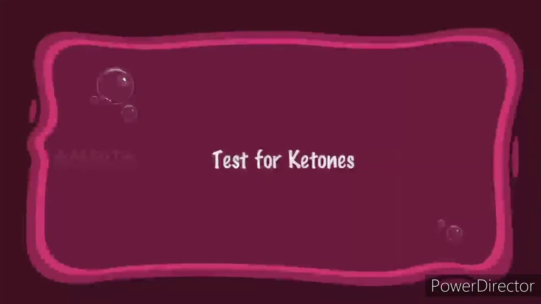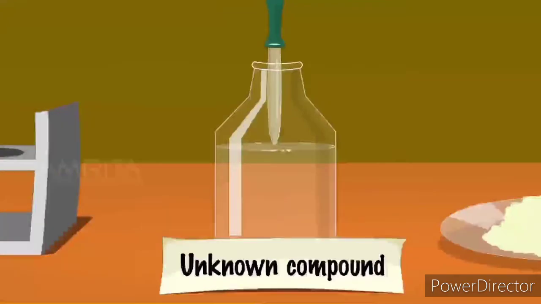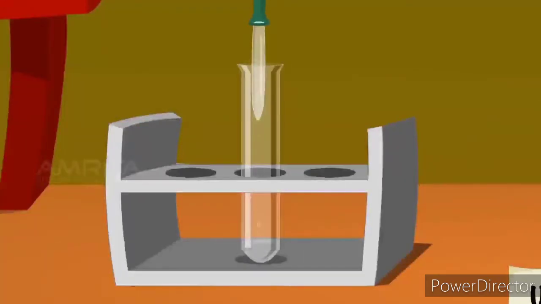Tests for ketones. M-dinitrobenzene test. Procedure. Take some drops of given liquid using a dropper. Pour it into a test tube.